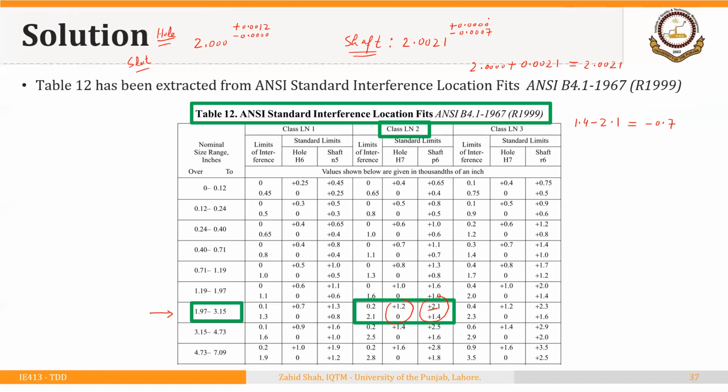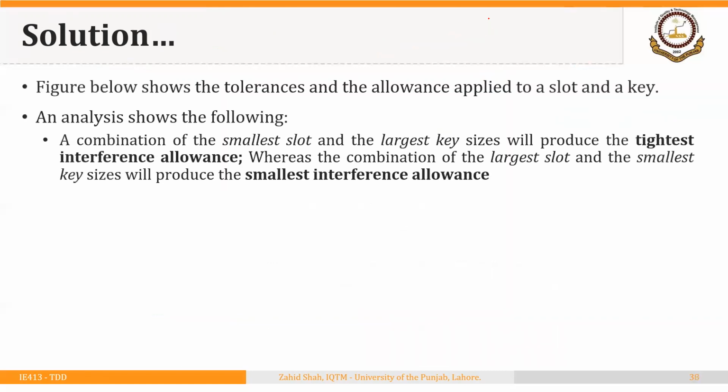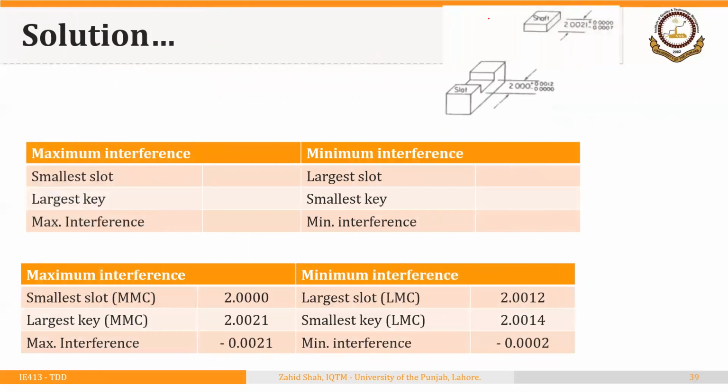Now we will make an analysis. The size of the hole is 2.0 plus 0.0012. The size of the shaft is 2.0021 plus 0 minus 0.0007. The analysis is important and needs to be critically analyzed in this case. This is just the opposite of what we saw in the case of clearance fits.